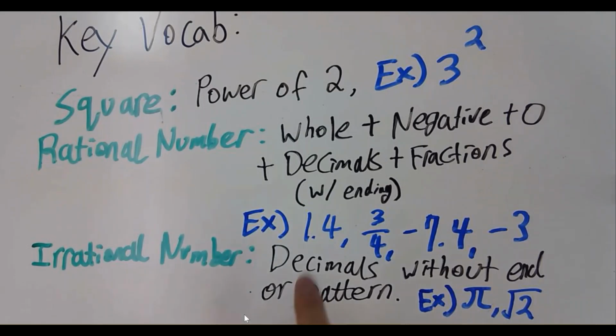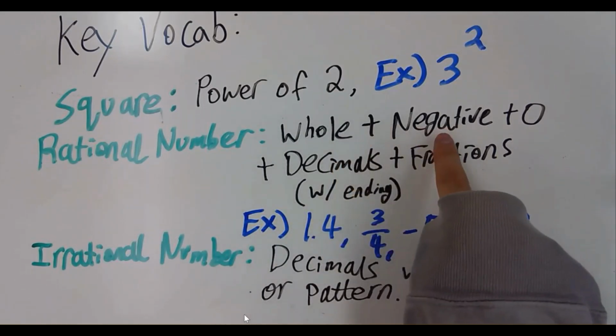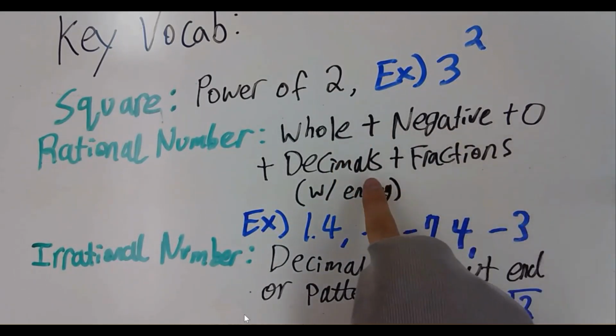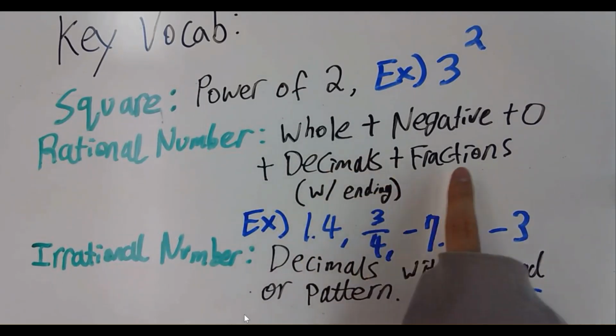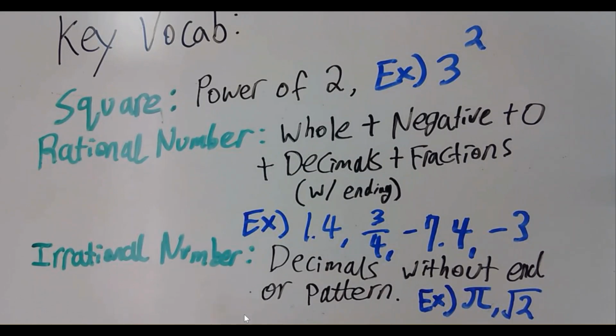The next definition is rational numbers. Rational numbers are pretty much whole numbers, negative numbers, 0, decimals with endings or patterns, and fractions. For example, 1.4 is a rational number, 3 over 4 is a rational number, negative 7.4 and negative 3 are all rational numbers.